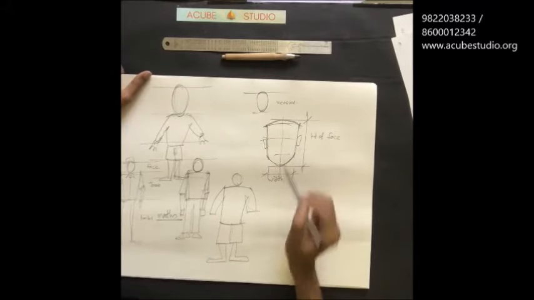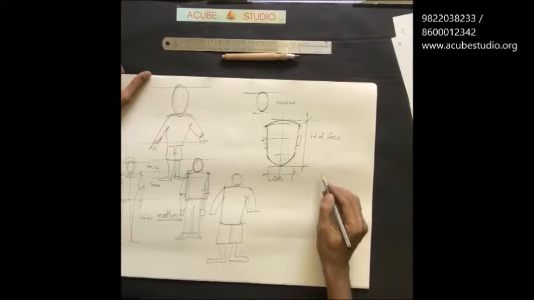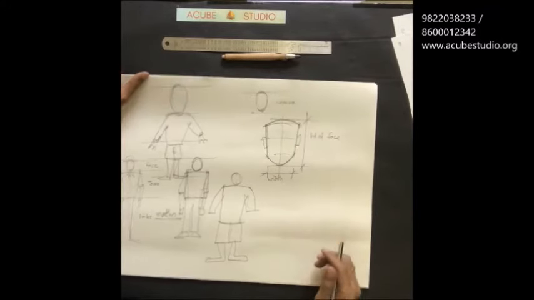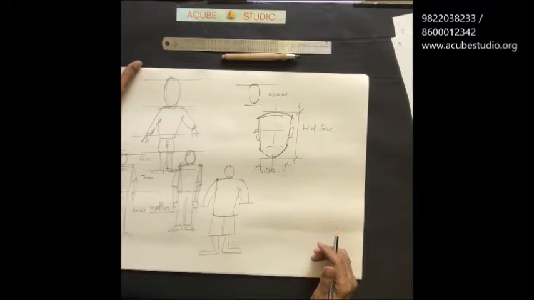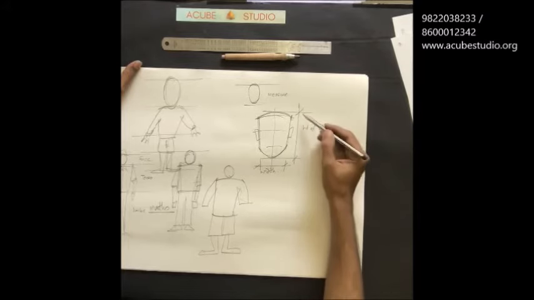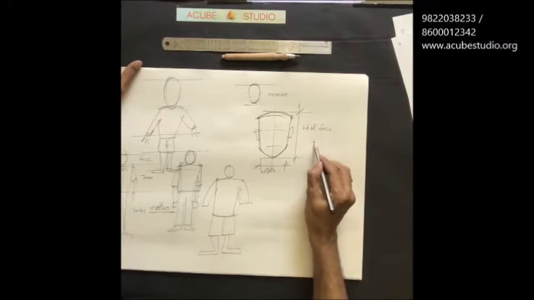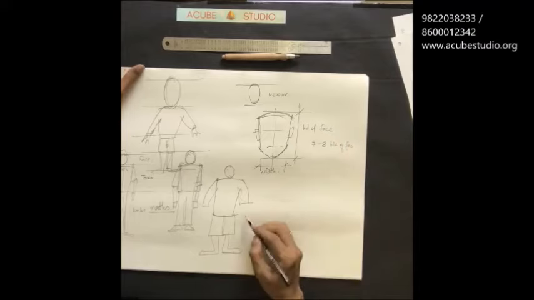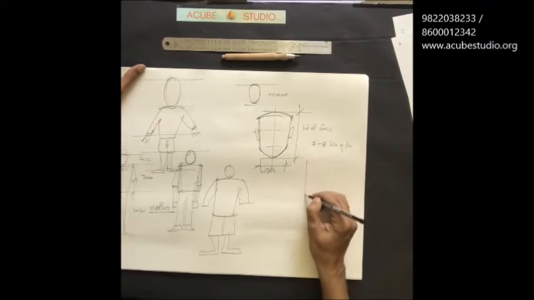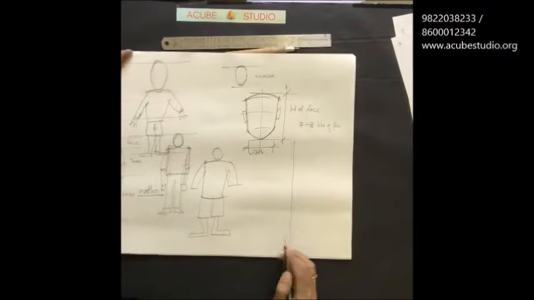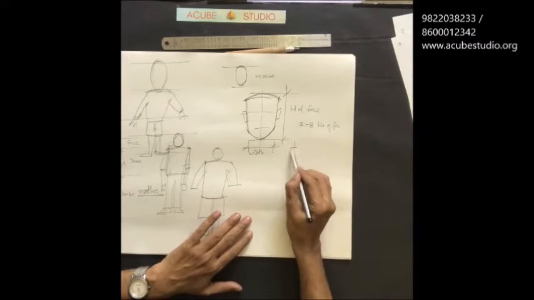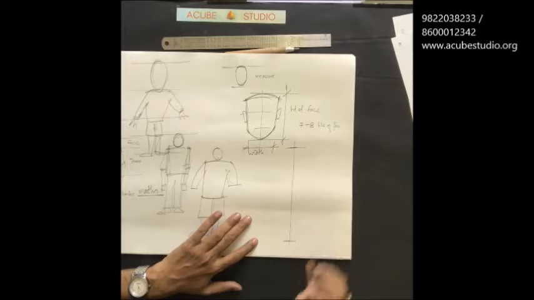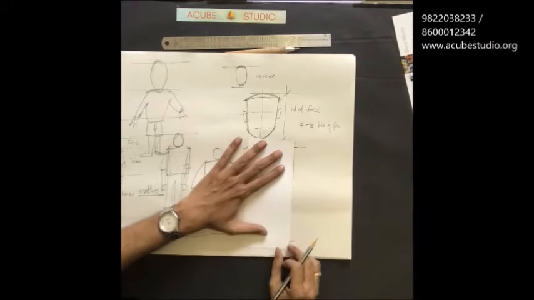Without going into the details of the face, our human body is made up of 7 to 8 heights of faces. What do I mean by that? If I draw a line and make 8 parts, if this is the height of the line and I make 8 parts out of this, how do I make it?